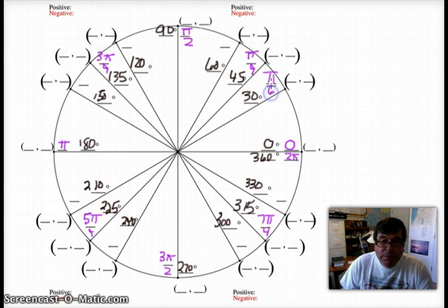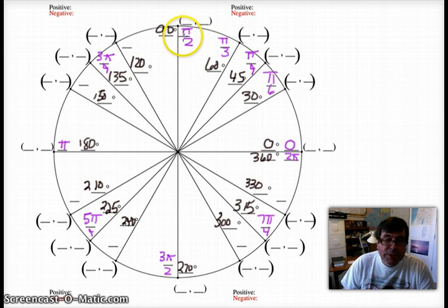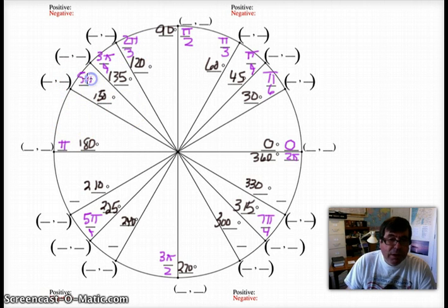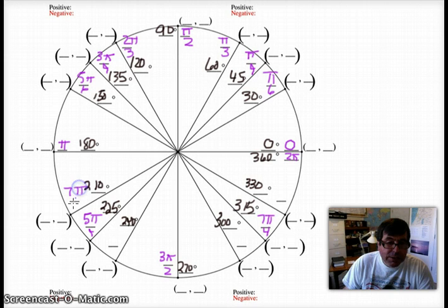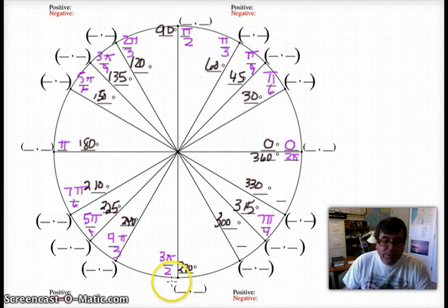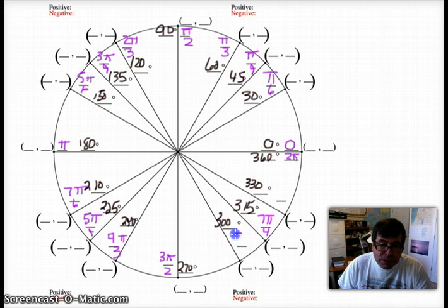So this is 1 pi over 6, 2 pi over 6, which is pi over 3, 3 pi over 6, which is really pi over 2, 4 pi over 6, which is 2 pi over 3, 5 pi over 6, 6 pi over 6, which is pi, 7 pi over 6, 8 pi over 6, which is 4 pi over 3, 9 pi over 6, which is 3 pi over 2, 10 pi over 6, which is 5 pi over 3, and 11 pi over 6, got to be careful how you write that, okay?